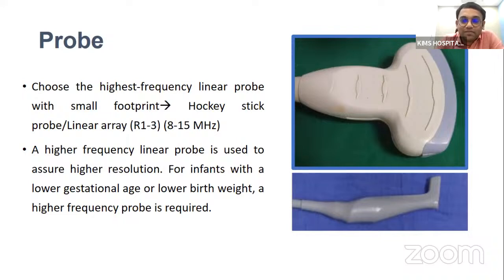In bigger infants with higher birth weight, we can use a somewhat lower frequency probe where more penetration of the waves is needed. The hockey stick probe is currently one of the most useful probes for lung ultrasound because it is a high frequency probe and has a very good footprint. By placing it on the chest, we can get a good visualization of the underlying lung condition.